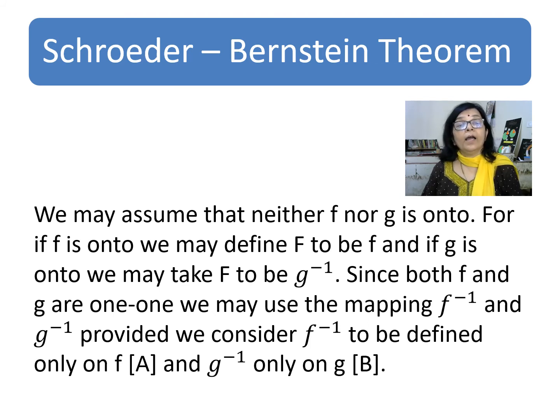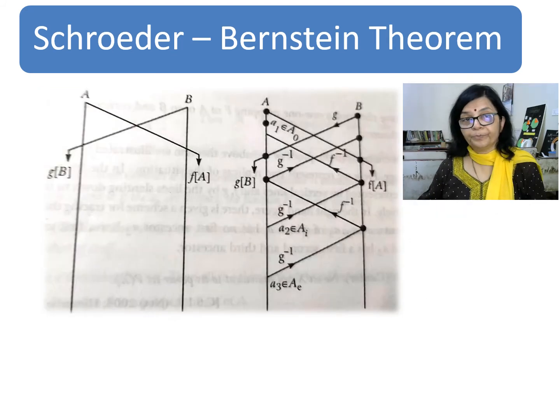For if f is onto, we may define capital F to be small f, and if g is onto, we may take capital F to be g inverse. Since both f and g are 1-1, we may use the mappings f inverse and g inverse, provided we consider f inverse to be defined only on f(A) and g inverse only on g(B).